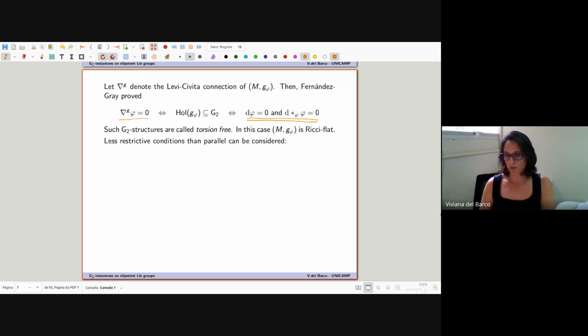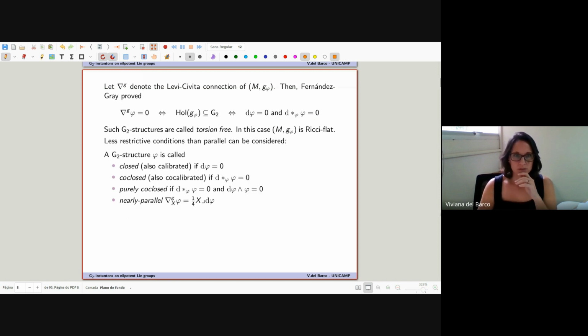They gave rise to less restrictive conditions than parallel that can be considered on the 3-form. Okay, so I may have a G2 structure which is not parallel, but it can be closed or coclosed or satisfy other equations. So this gave rise to other G2 structures which gained a name.